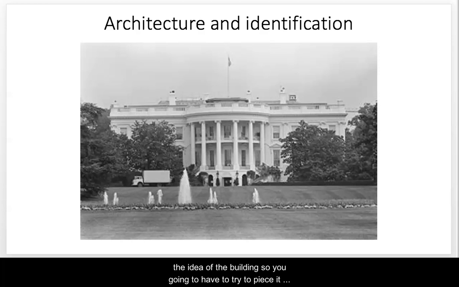So you're going to have to try to piece it together in your minds as we go through things. I try to show videos and things as well when they exist. But this is a very, very important part of human history to have these structures that were designed to show what people believed and how they worshipped and rituals and all sorts of things.